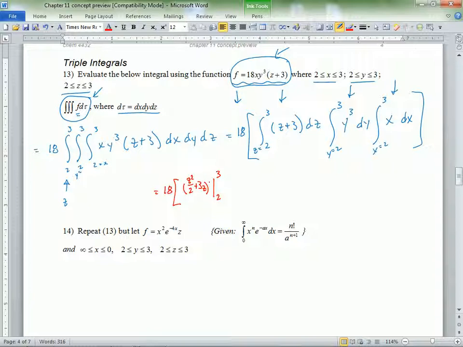And do the same for the next one. And it's not plus or minus, it's all multiplying. Good. Y to the 4th over 4. X squared over 2.